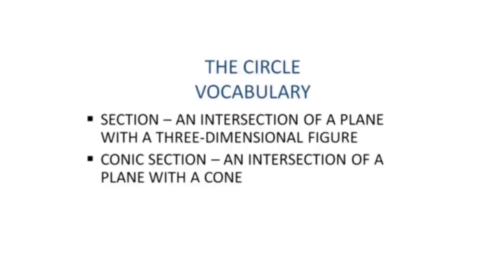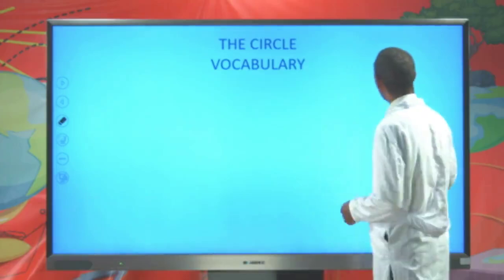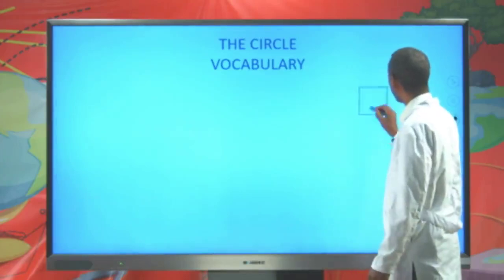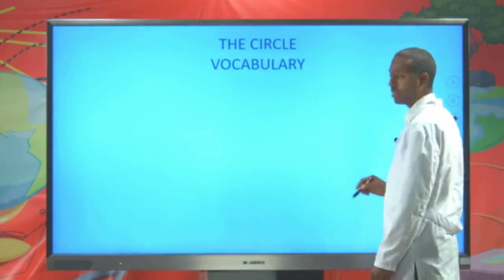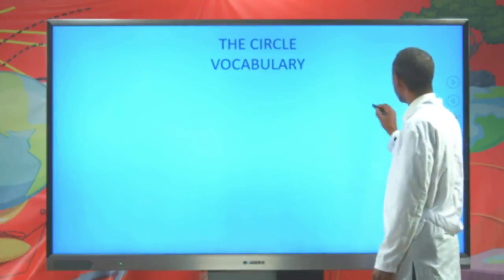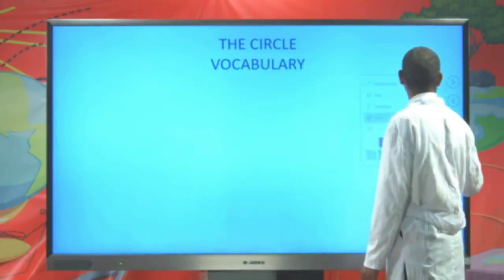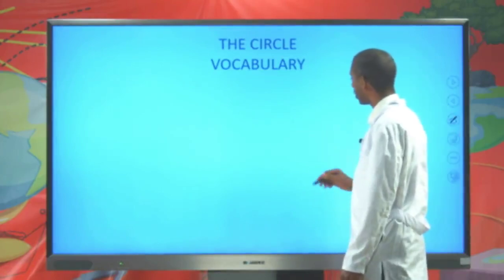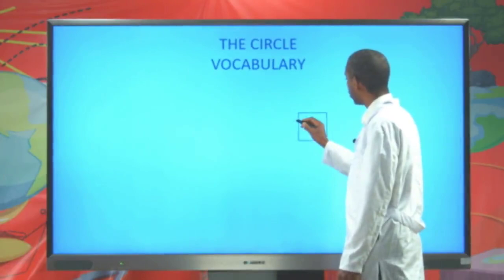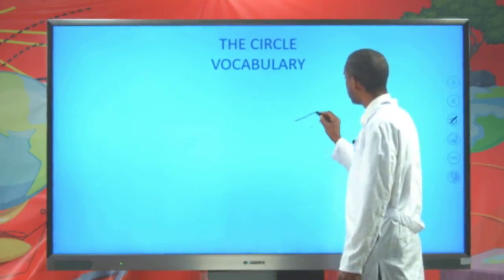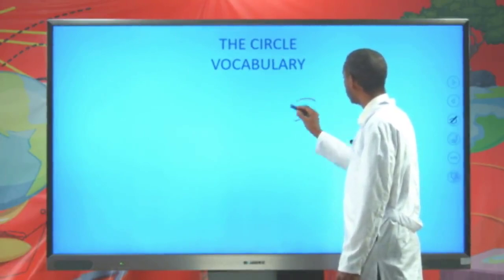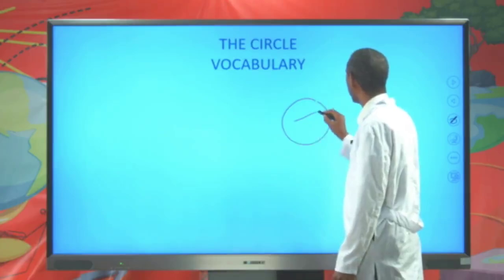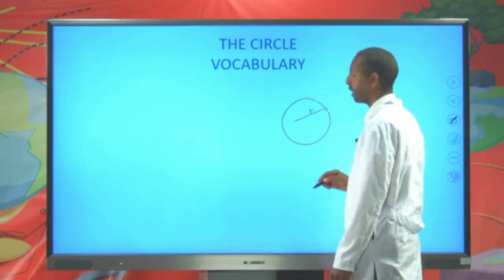Some circle vocabulary. As I mentioned before, I showed you the center of a circle. Then using the center, we may draw. Good. So let's just take this as the center of the circle. Then using a fixed length, the radius, you may draw a circle of radius r.